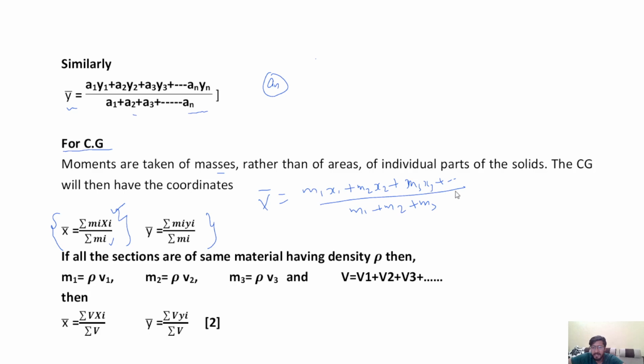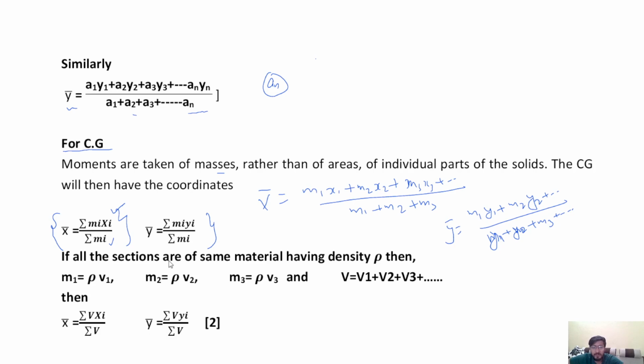That means y bar is equal to m1y1 plus m2y2 plus dot dot dot divided by m1 plus m2 plus m3 plus dot dot dot.